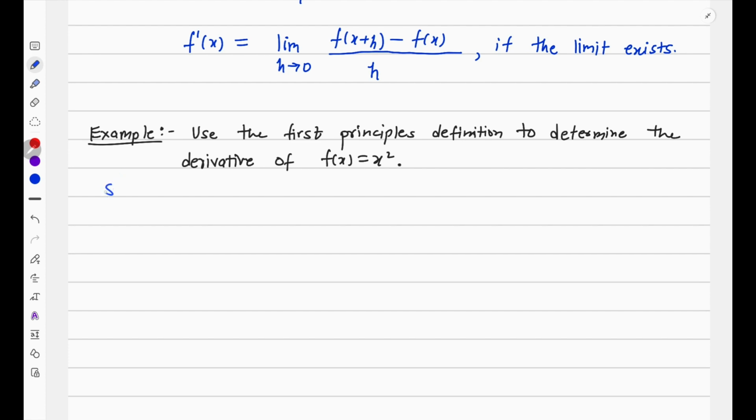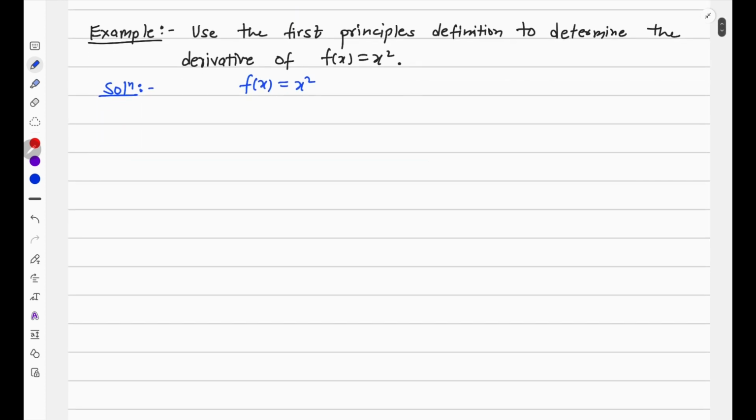So for the solution of this example, we have the given function f(x) equal to x square. Now we are applying the first derivative principle, so we can define f'(x) as the limit as h approaches 0 of (f(x + h) minus f(x)) over h.